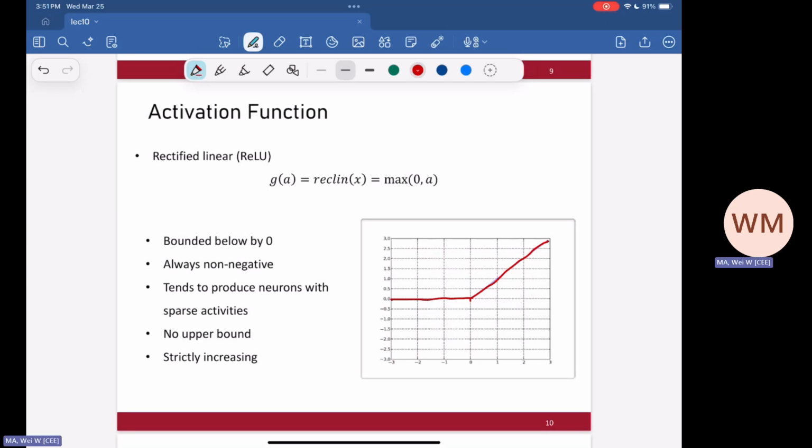It's only bounded below, and it's still increasing. I shouldn't say strictly increasing. It's monotone increasing, but not strictly increasing. And it is nonlinear.